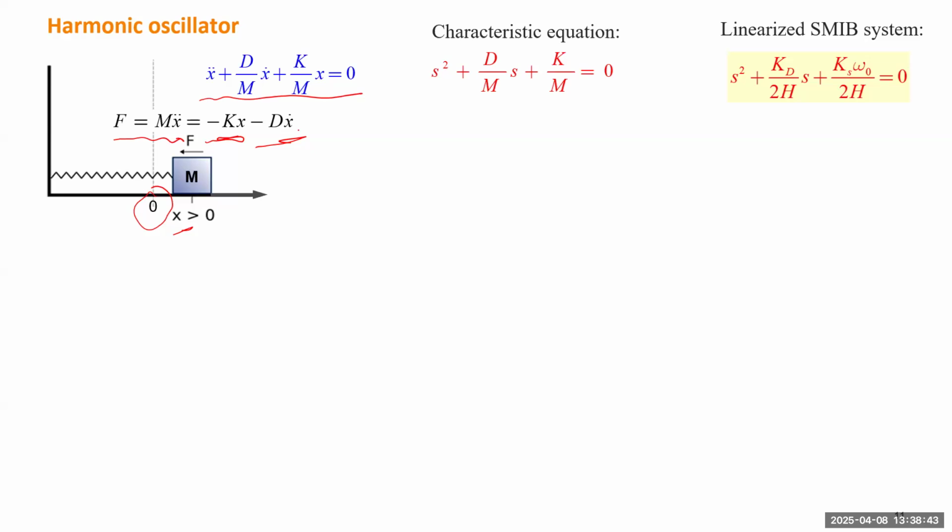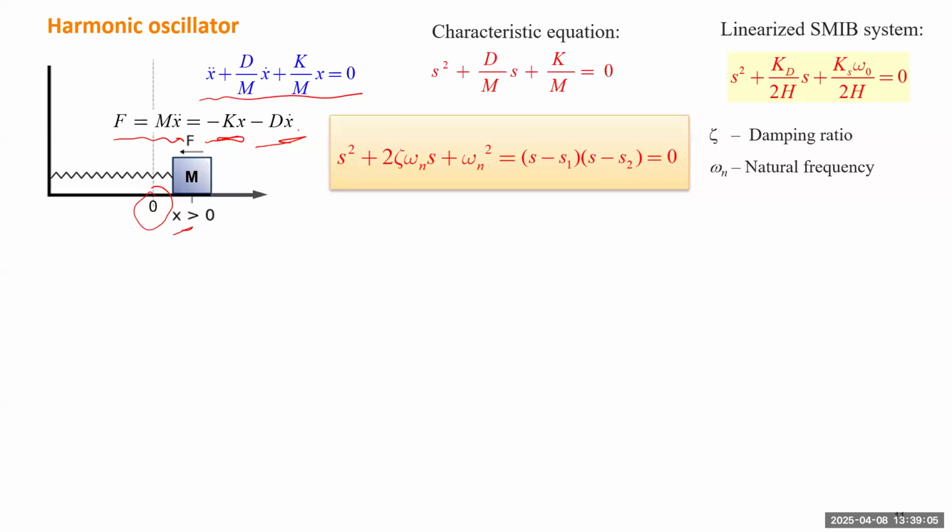The d on the harmonic oscillator is friction. So here kd is like the damping coefficient, and k on the single machine infinite bus system corresponds to ks, the synchronizing coefficient, multiplied by the synchronous speed.